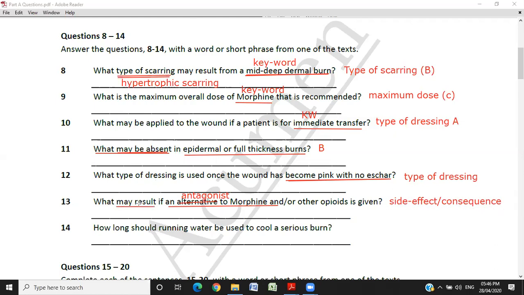What may result? So I'm looking for a result or a consequence. Consequence of what? If antagonist to morphine or opioid is given. So where can I find this answer? In text C. Because text C gives me information about morphine.